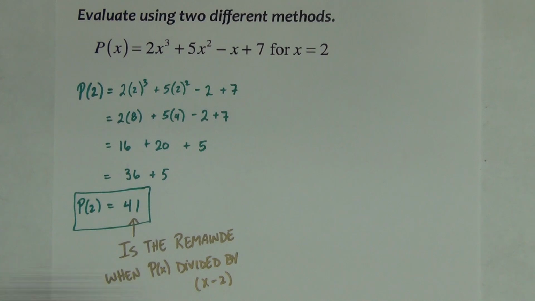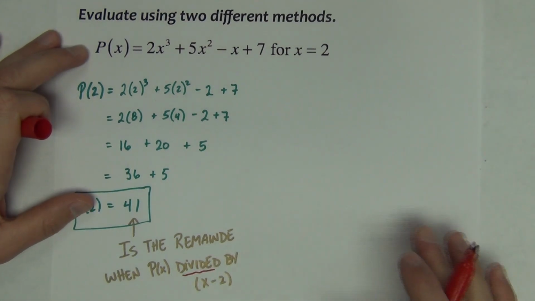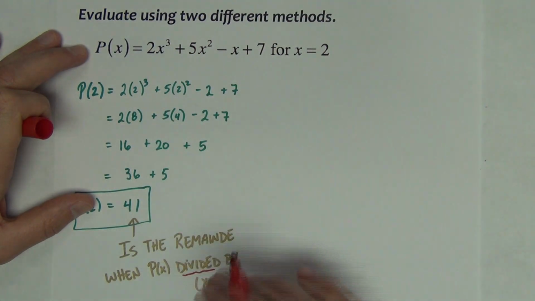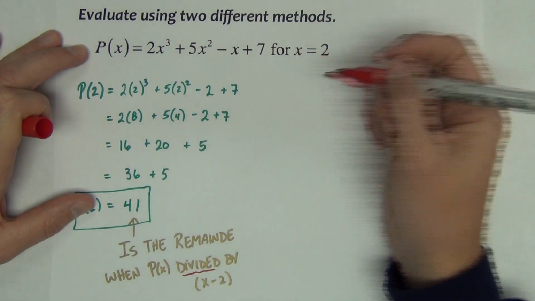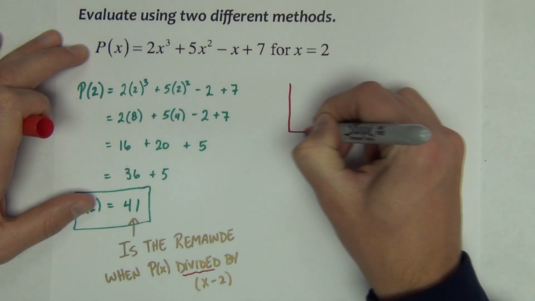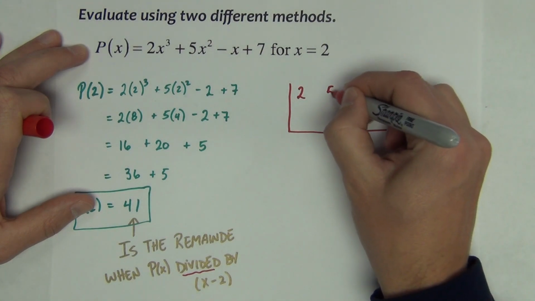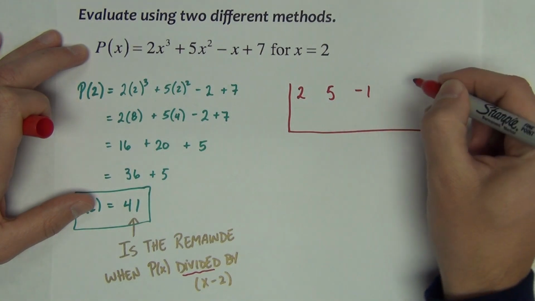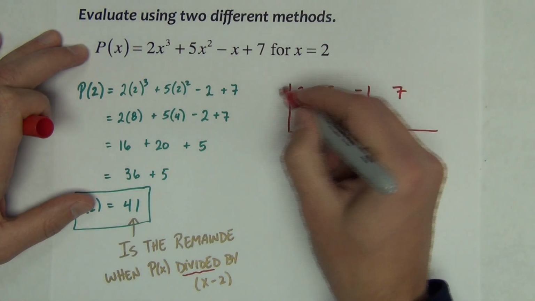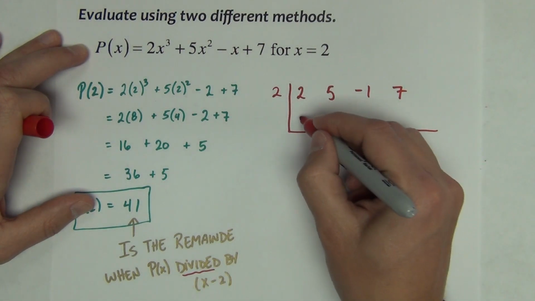If I were to instead divide this polynomial by x minus 2, what do I get? And I'm going to do synthetic division because it's by far easier. Okay, so we've got 2 for x to the third, 5 for x squared, negative 1 for x, 7 there. So here's my remainder spot. We're dividing by x minus 2, so we're going to use positive 2 right here.